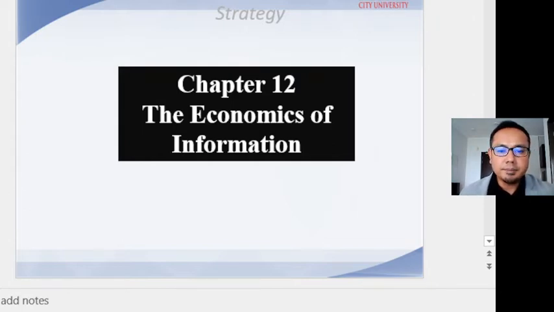So in this chapter on the economics of information, we try to identify strategies to manage risk and uncertainty, including diversification and optimal search strategies. We will calculate the profit maximizing output and price in an environment of uncertainty.